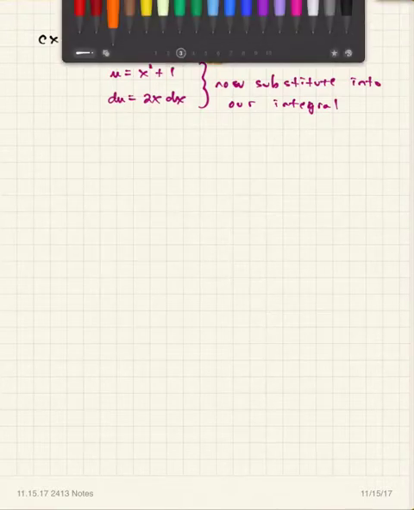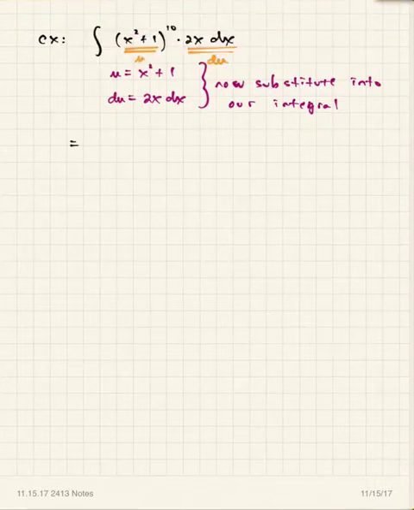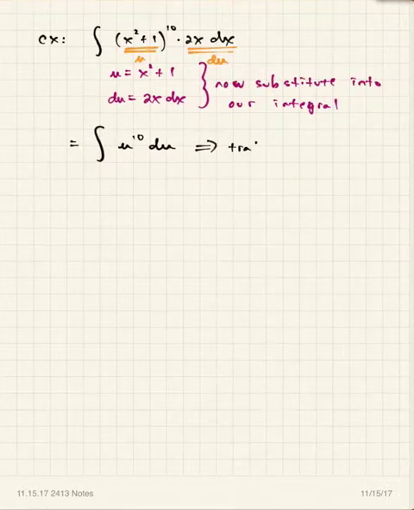And so when I substitute in, the integral now looks like this. Instead of x squared plus 1 to the 10th, this is u to the 10th. And then instead of 2x dx, we have du. And notice this is simply the traditional power rule. We can write down an antiderivative for this.